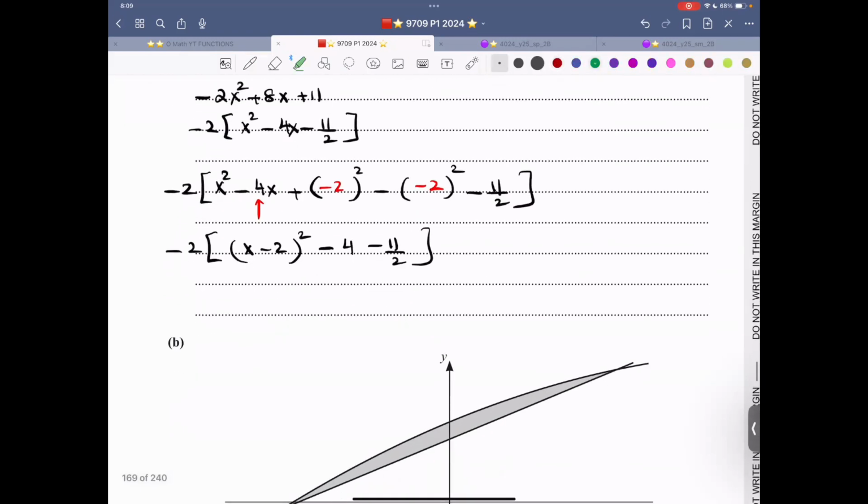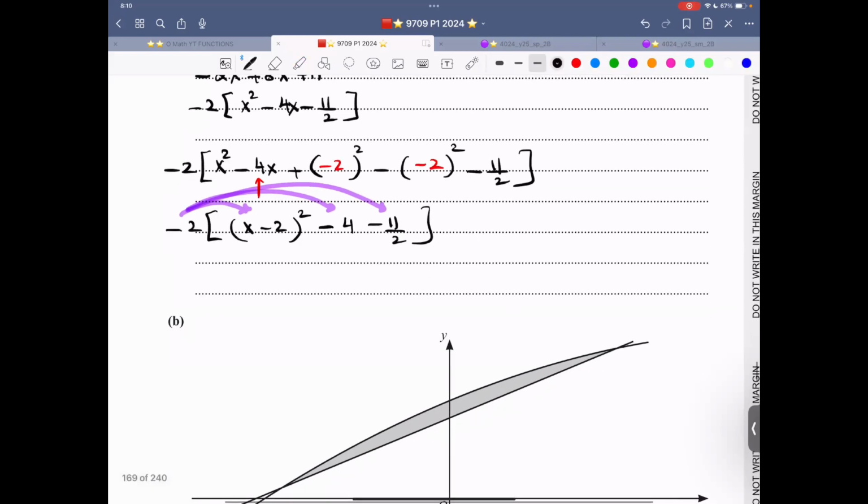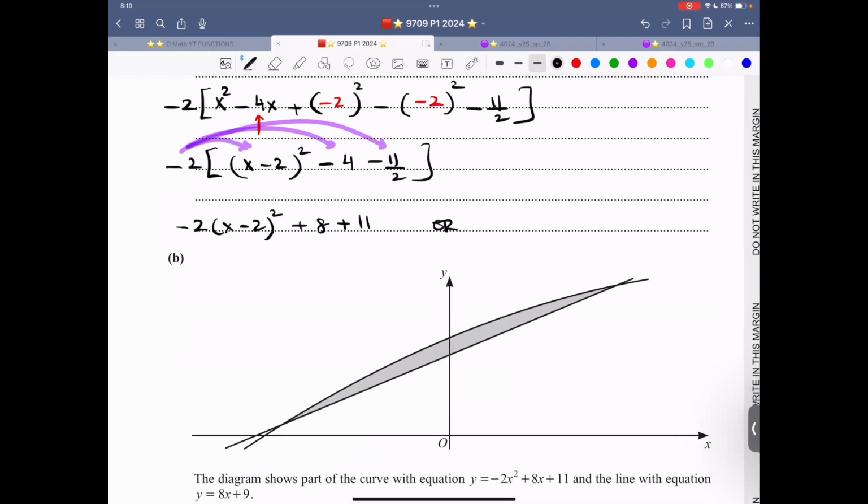Open up the bracket with a negative sign. So now let me make it thicker. This will multiply with each and every one of them. So therefore, this is negative 2, x minus 2 whole square plus 8, and the 2 will cancel out. So that is plus 11. So therefore, this is minus 2, x minus 2 whole square plus 19.